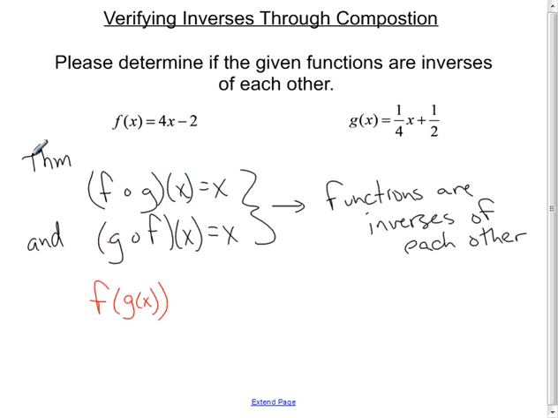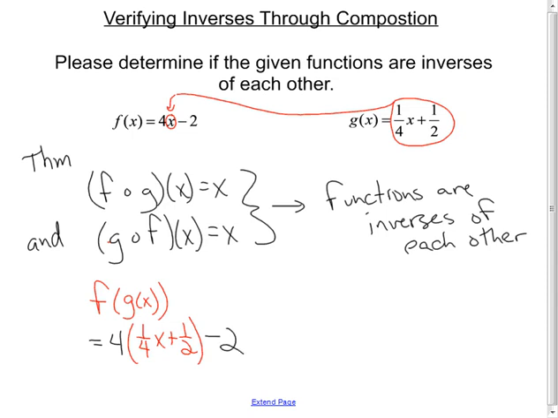I'm going to circle my g of x expression and plug it in for x in f of x. So what that gives me is it's equal to 4 times the expression I'll write in red, 1/4 x plus 1/2, continuing back in black, minus 2.